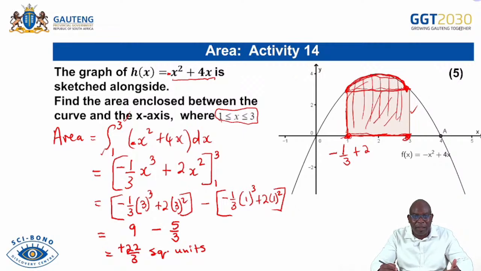So if you get a negative value for this question, then it means there's something wrong with your calculations or calculator usage, because the area above the x-axis is bound to be a positive value. That's why we got positive 22/3.